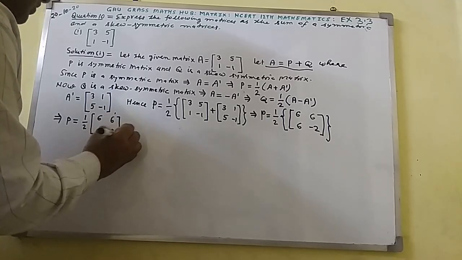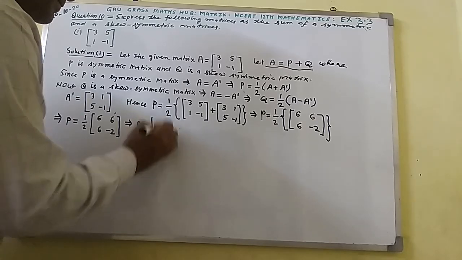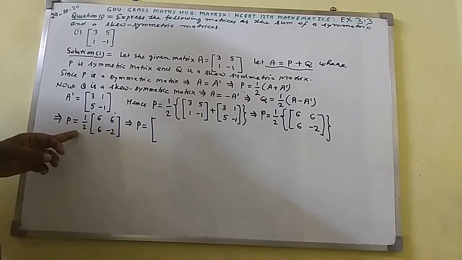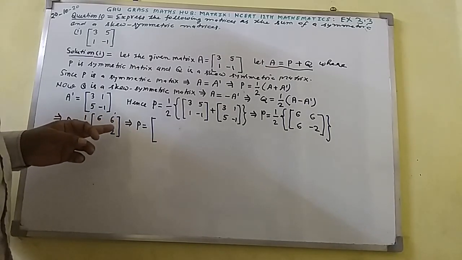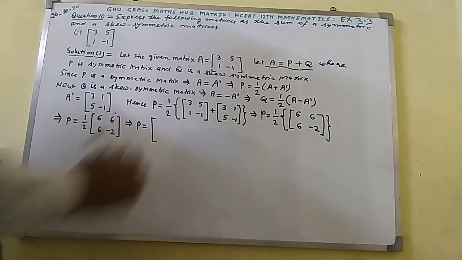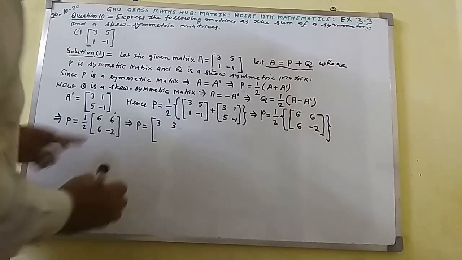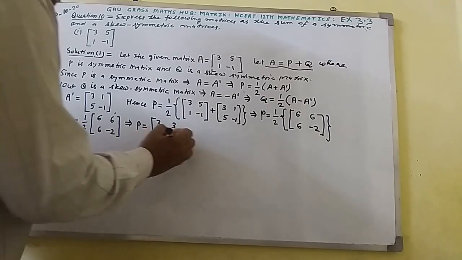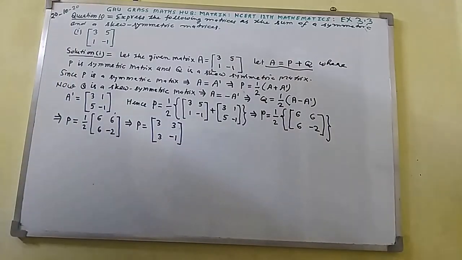I have done it here. So P equal to 1/2 will multiply each element of this matrix. So 6 by 2 we get 3. Here 6 by 2 we get 3. Here 6 by 2 we get 3. Here -2/2 we get -1. This is the value of P you have got here.